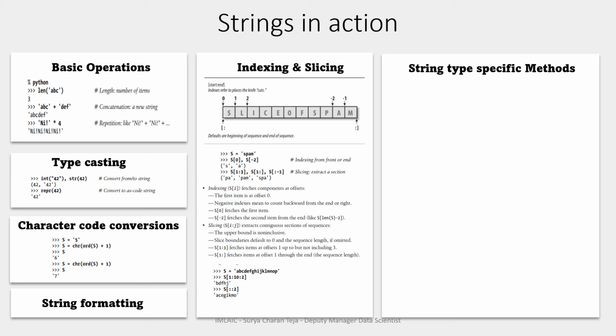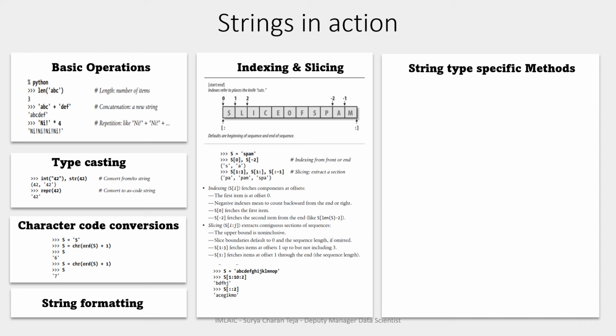The operator is just a medium to do some activity, but the type of result depends upon the type of object you have provided. If you provide an int object, you get an addition. If you provide a string object, you get a concatenation. This concept is called polymorphism. So these are the basic operations: length, concatenation, and repetition.